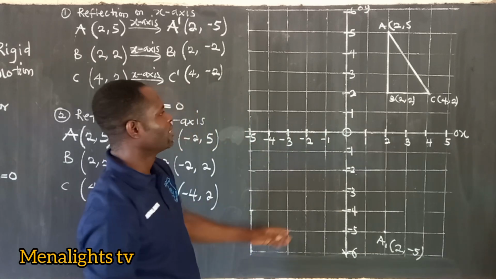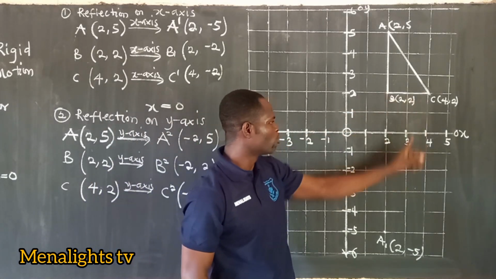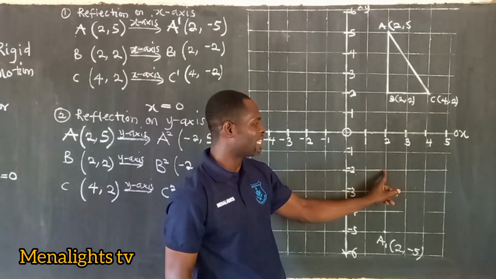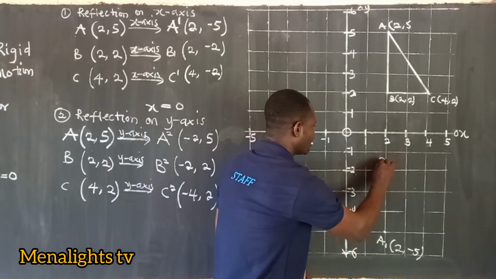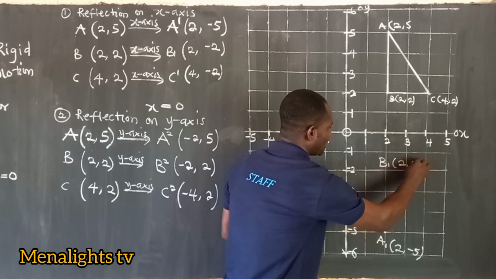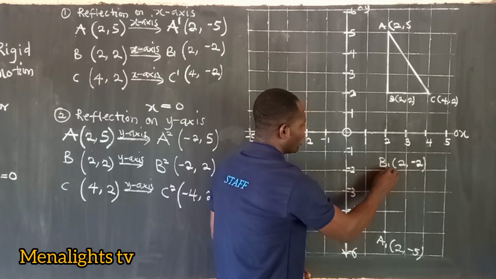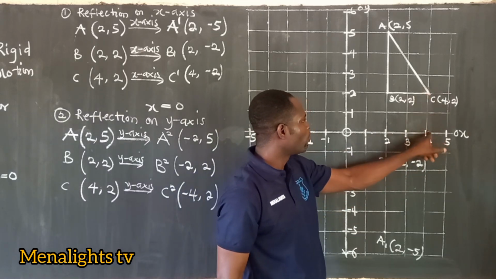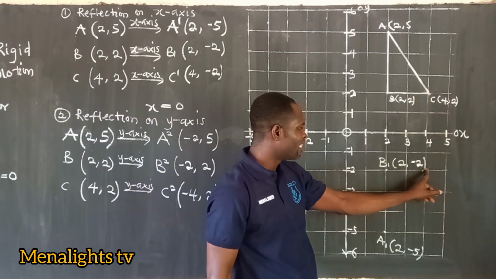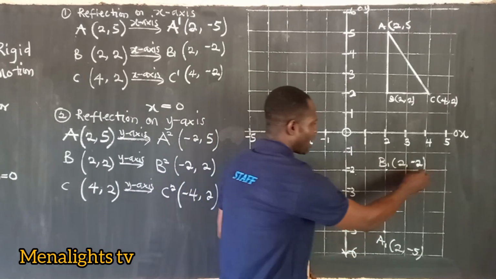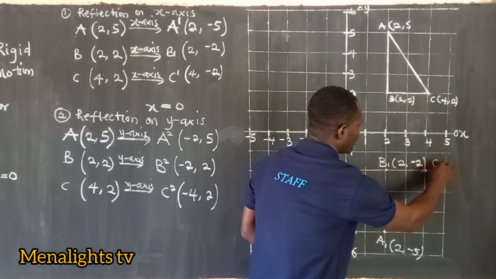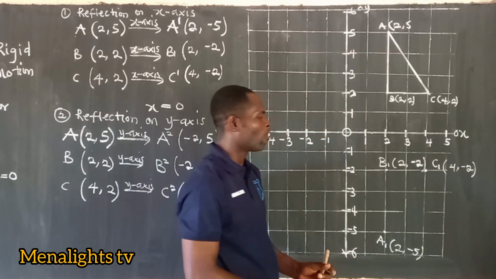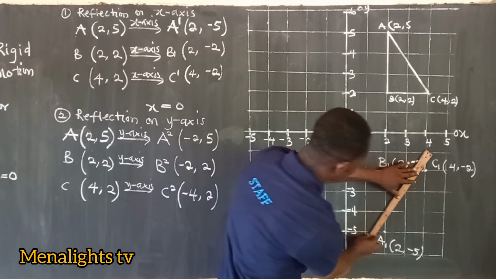Then the second one, B, which is 2, 2, is now 2, negative 2. So my B1, 2, negative 2. Then I have my C, which is 4, 2, and now we have 4, negative 2. So my C1, 4, negative 2. So we join to form the triangle as well.